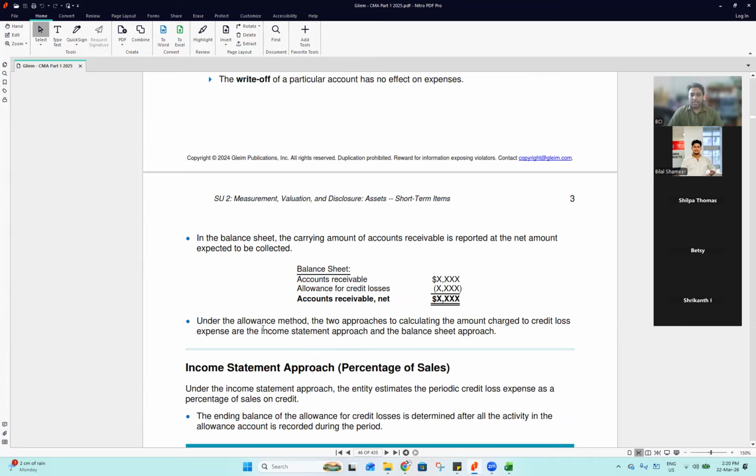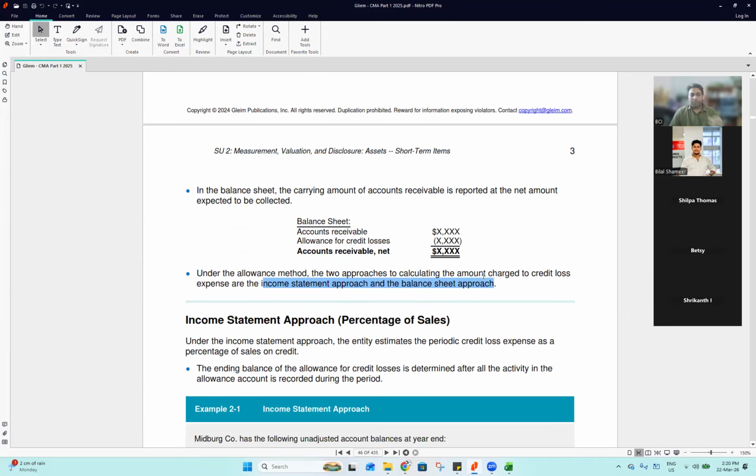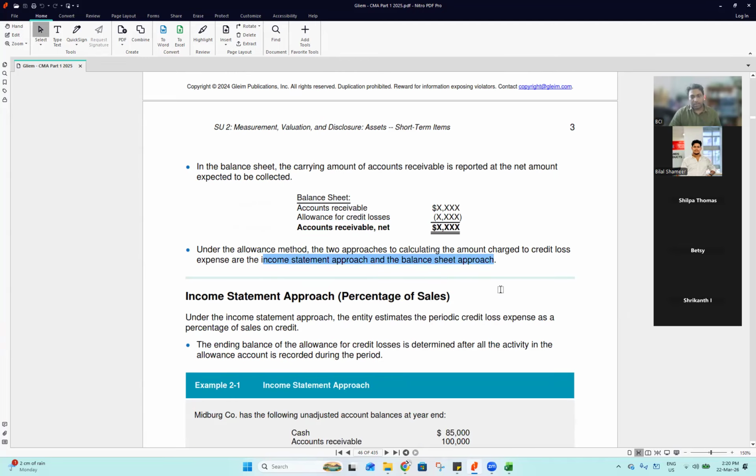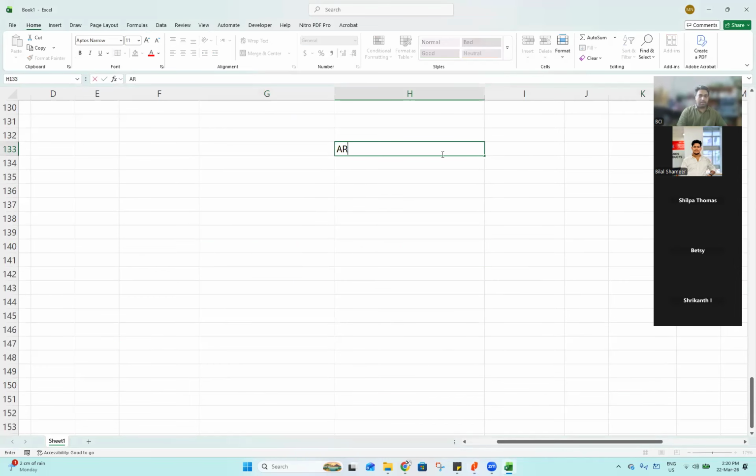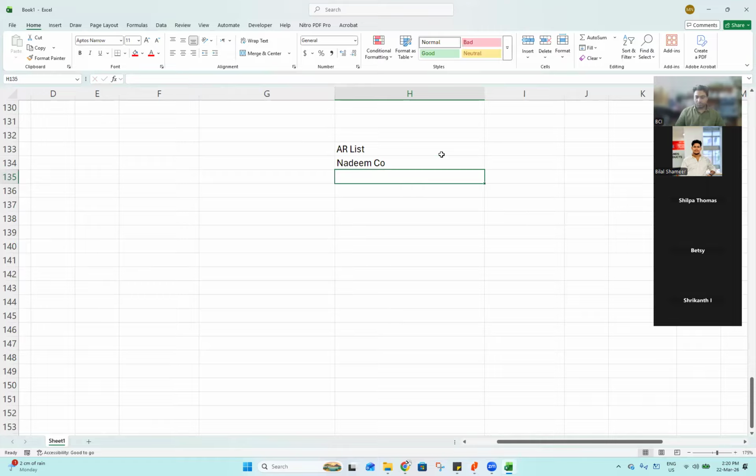One is the income statement approach, one is the balance sheet approach. Before going to the income statement approach and balance sheet approach, I'll show you something. So you have an accounts receivable list. Name, code, 1000.